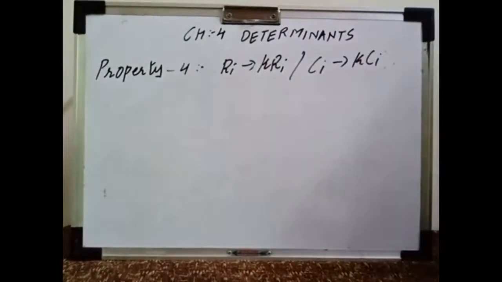Let's understand the fourth property. This property says that you can multiply any row or any column by a certain constant. How? Let's apply this property and understand.